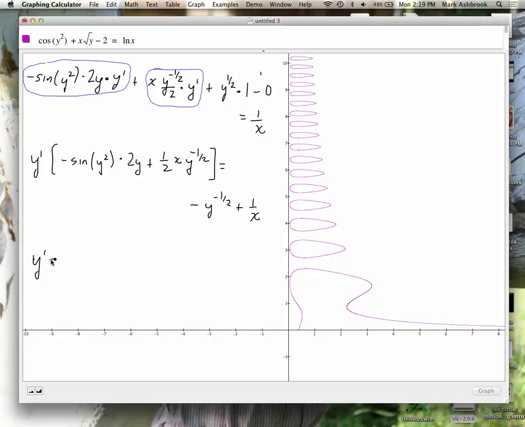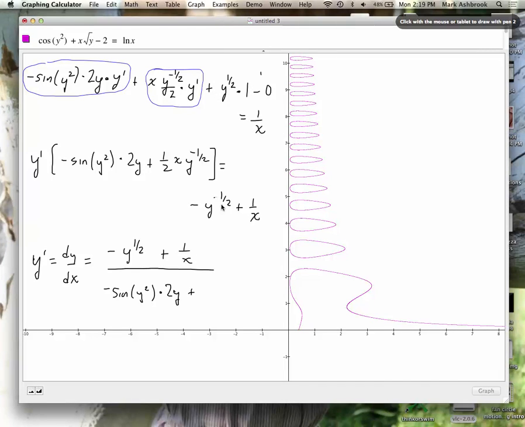So this is y prime, or dy dx, take your pick, equals negative y to the 1/2 plus 1 over x over all this. Minus y to the negative 1/2, shouldn't that be positive 1/2? Yeah. So I got it right here, right?